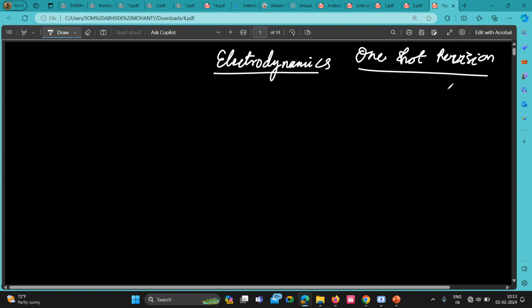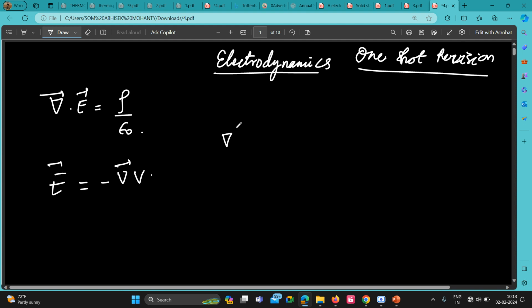First of all, let's write the basic equations. Del dot E is equal to rho by epsilon naught, and E we know is minus grad of V. Del square V is equal to 0; this is your Laplace equation.